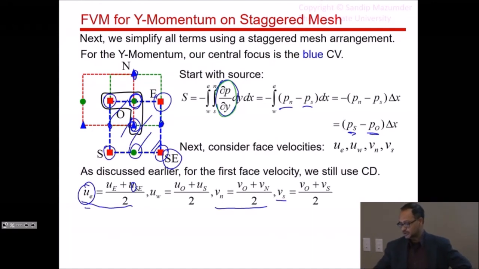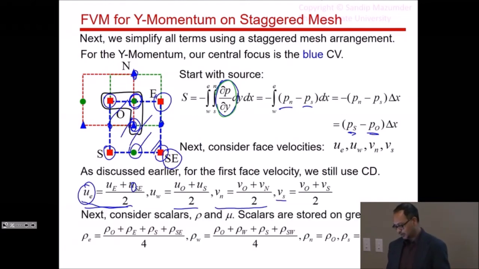So that's what these two expressions are. If you recall, in the other case, we had V north plus V northwest. Here we have U east and U southeast. Any questions on that? All right. So that's that.